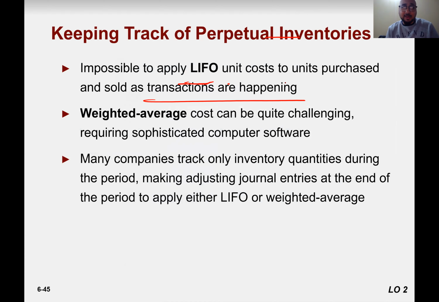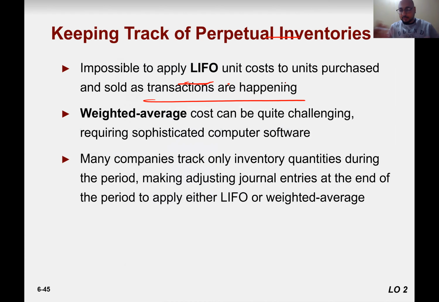Average costing can be quite challenging because it requires a sophisticated system. If it is a perpetual system, how can we find the weighted average? For weighted average, we add all the costs, then add all the units produced, and then divide. But in a perpetual system, everything is selling. We buy and sell at the same time.